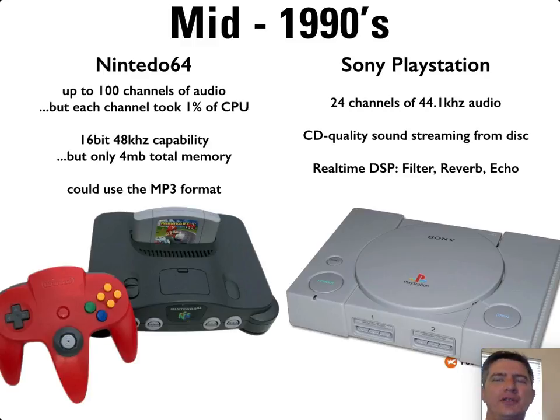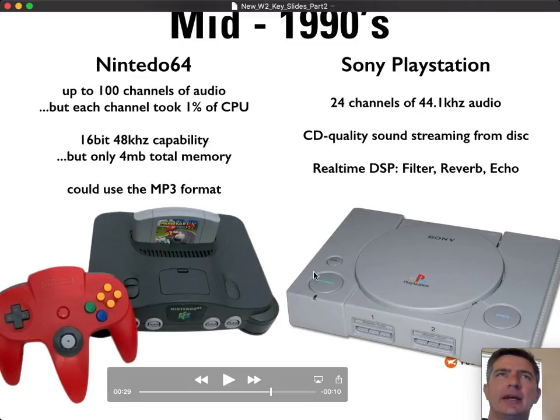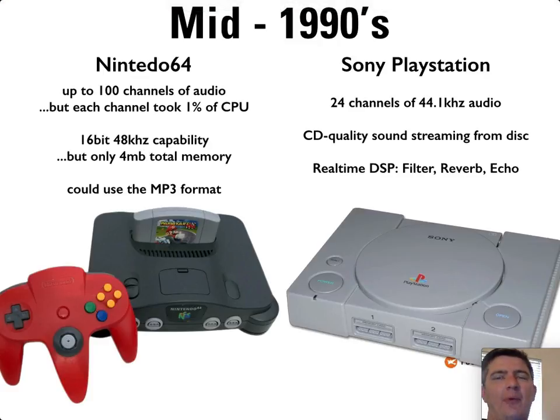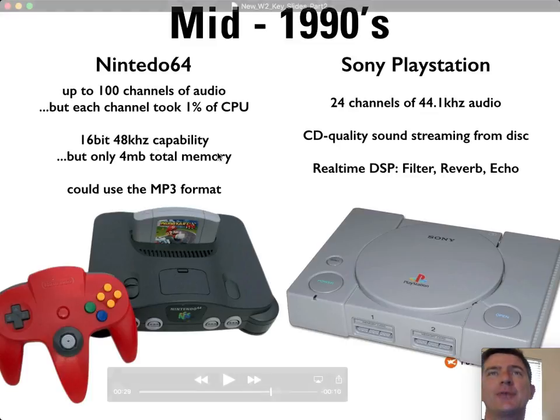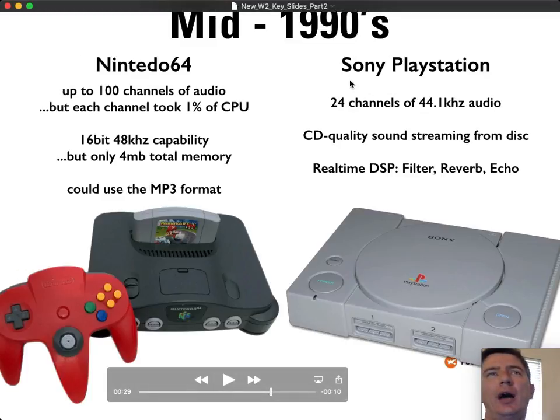So the fun story here is that Sega had come out with the Sega Saturn. That was a CD-based technology. So Nintendo wanted to bring a CD-based game console to market. And so they hired Sony to make them a prototype of a game console.